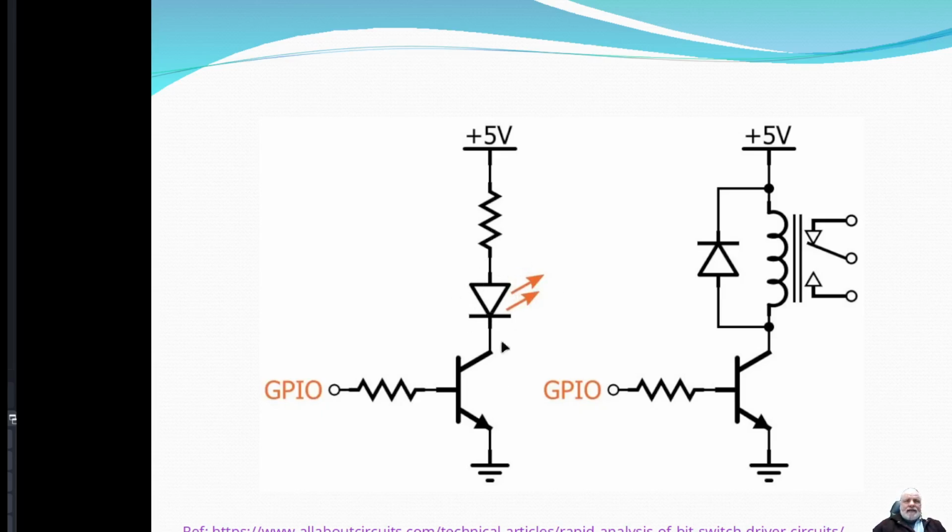In this case, on the left side, we just have the LED, so we're simply powering the LED. When the GPIO is at a 0, your transistor will be off, and therefore no current will flow through here, so the LED would be off.